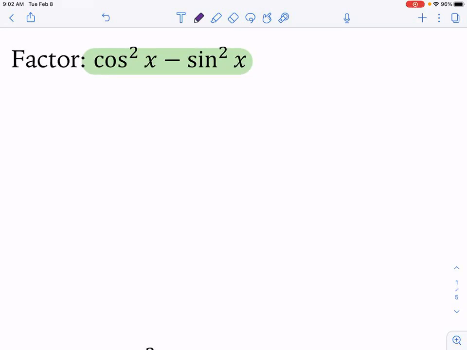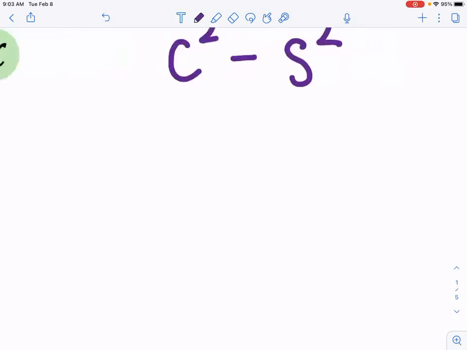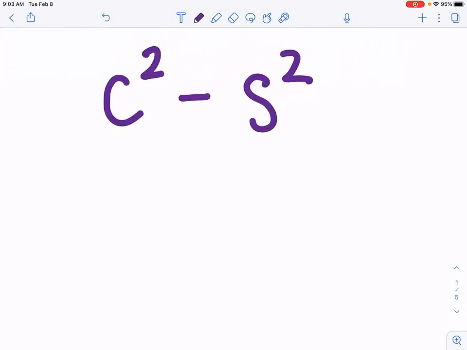Now, if this is giving your eyes a hard time, I want you to think of this: C squared minus S squared. How would we factor this expression right here? Not quite. What's another word for subtraction? Difference. And what is this?